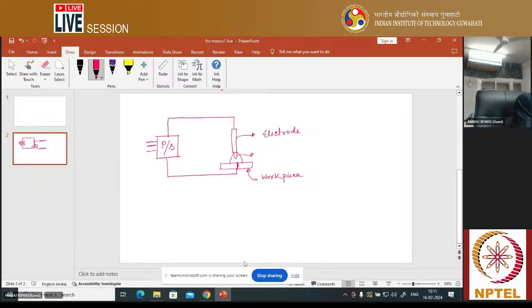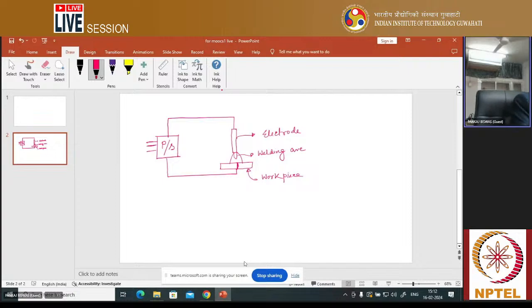This is the welding arc. If it is arc welding, this is the welding arc. If it is oxyacetylene welding, it is a flame, an oxyacetylene flame. Depending upon the type of power source, it is sometimes called an arc, sometimes a flame. That depends on your source of heat.